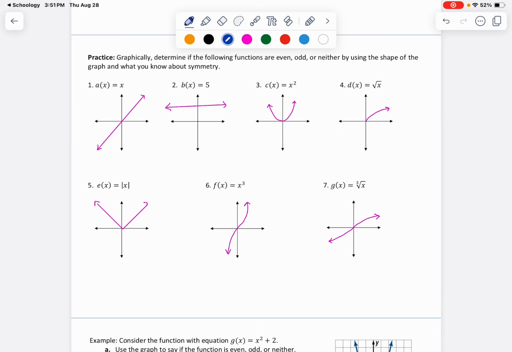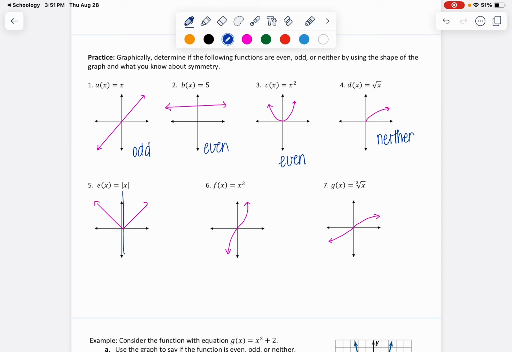Looking at this linear function here, it has 180-degree rotational symmetry. If I turn it upside down, it looks exactly the same, so this is odd. This one right here has symmetry over the y-axis, so this is even. This doesn't have symmetry over the y-axis or 180-degree rotational symmetry, so this is neither.